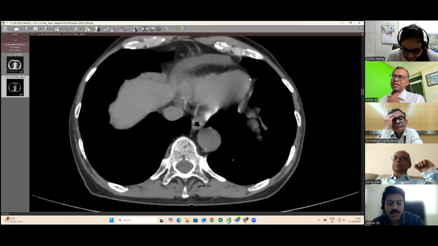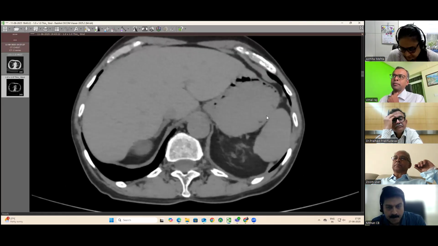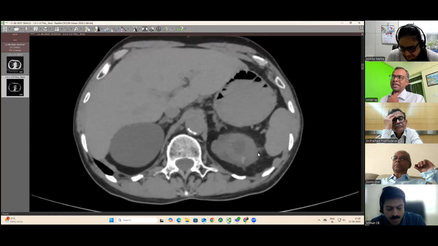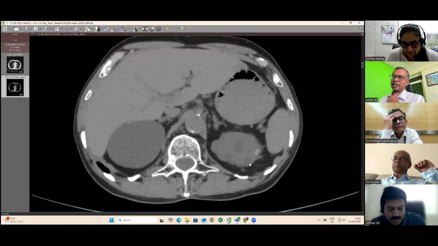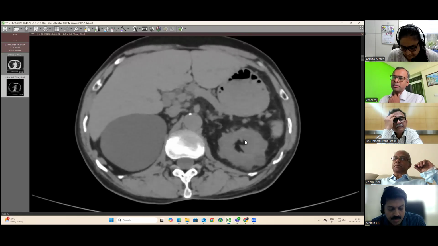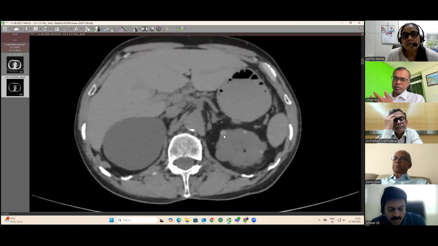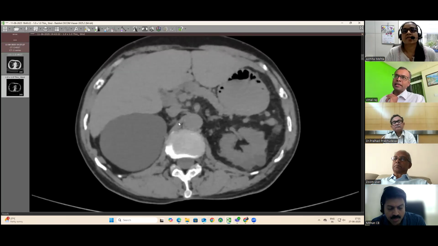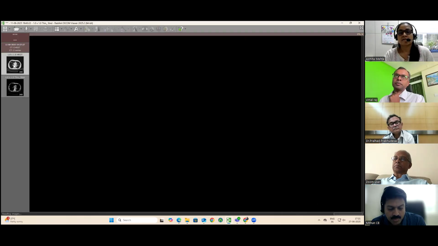A small amount of pericardial effusion is present. What is interesting is in his kidneys, we can see multiple cysts, and some of these are hemorrhagic cysts, especially in the left kidney. The right kidney has a large cyst, and we really can't see the kidney at all.